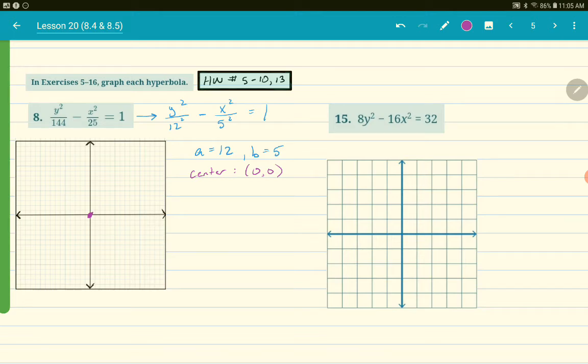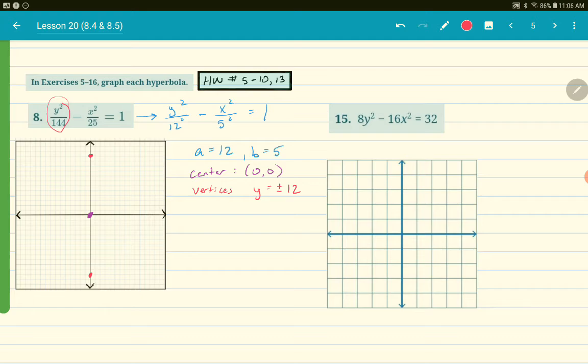And then from my center, step 2 is to graph the vertices. Since I'm starting with the y, that means my vertices for a are y equals plus or minus a, which is 12. So I go up 12, down 12 to get my vertices. So it's 5, 10, 11, 12. That gives me my box's height.